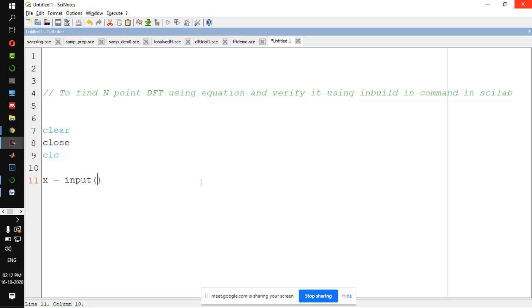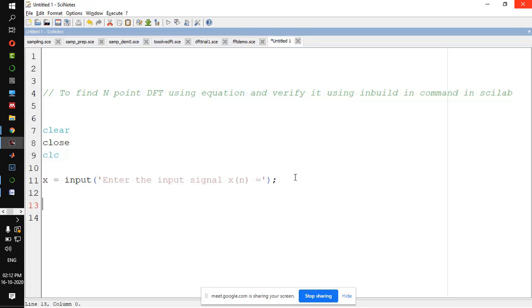In a single quote, I have to write the message, enter input signal x of n.